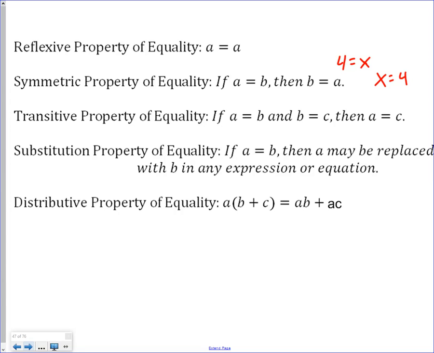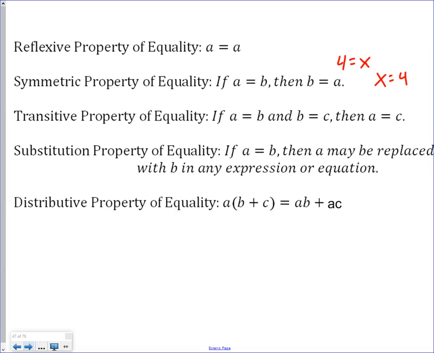Substitution just says if two things are equal, then one can be substituted and replaced for the other. If you want a sports analogy, it's no different than a basketball game. If you get substituted in or out of the game, generally speaking, you're being substituted with someone equivalent in some way.